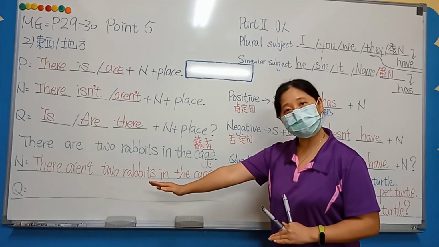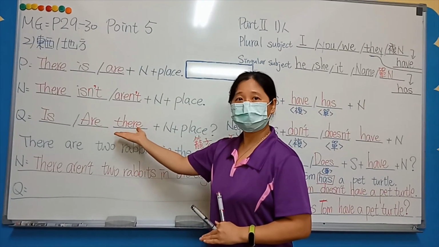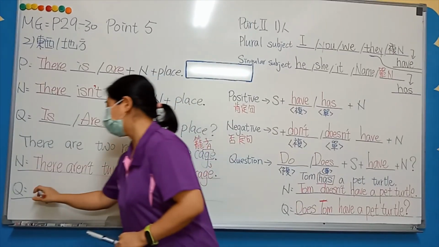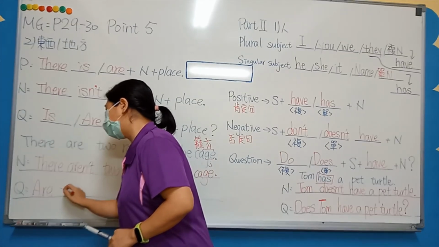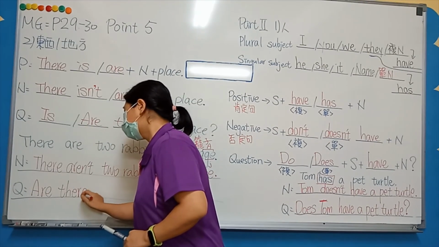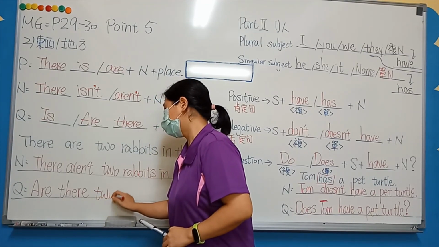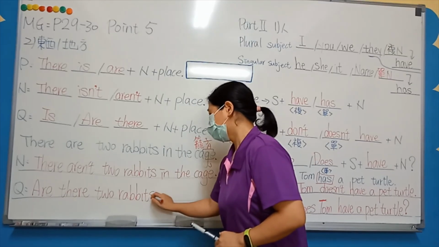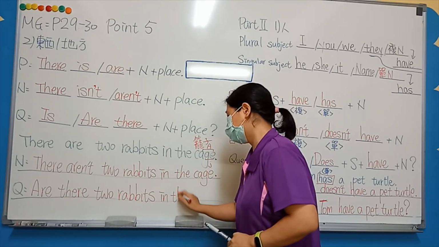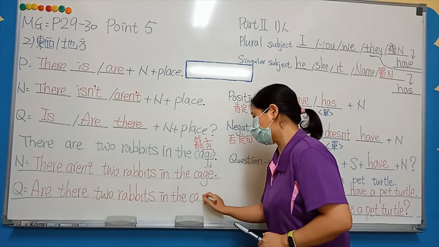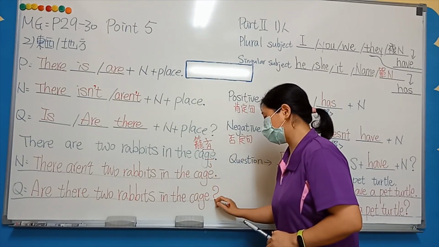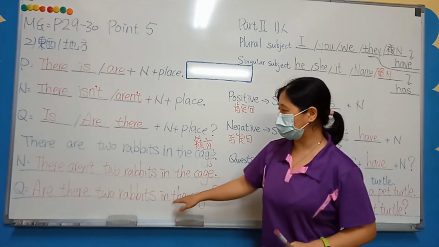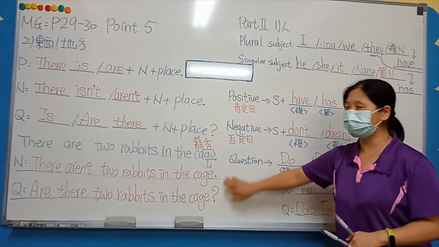Now let's look at the question sentence. Oh, hello, alright. So don't forget, you need to put down "Are." Are there 2 rabbits in the cage? Don't forget the question mark. So check again. Are there 2 rabbits in the cage? Okay. So answers are here.